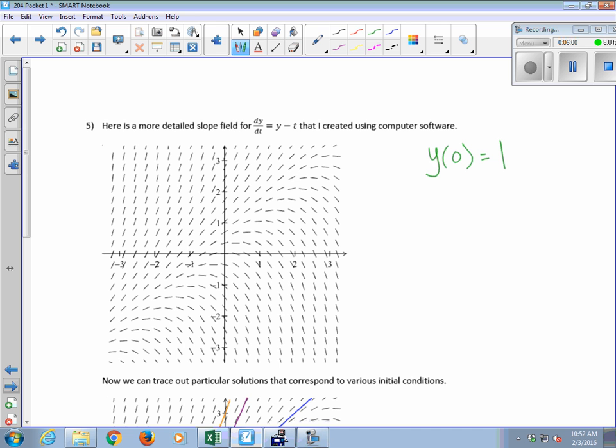If I wanted to sketch the solution to this differential equation that has this initial value, I plot the point (0, 1), because this is t, y, and then you just kind of follow the slope field, right? It's very qualitative. You just follow the mini tangent lines. So this actually looks like it might be a straight line solution.